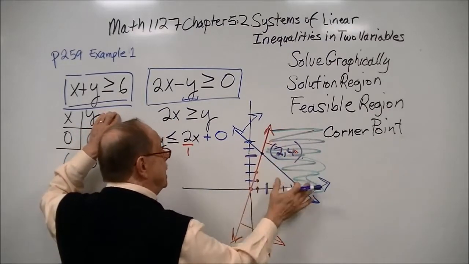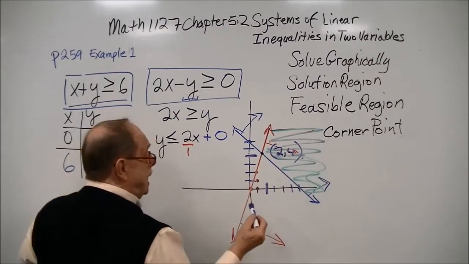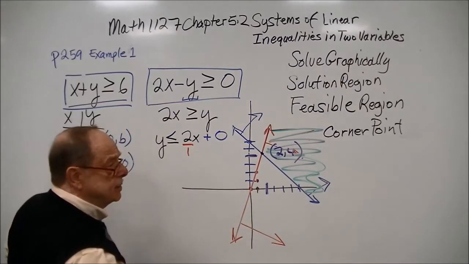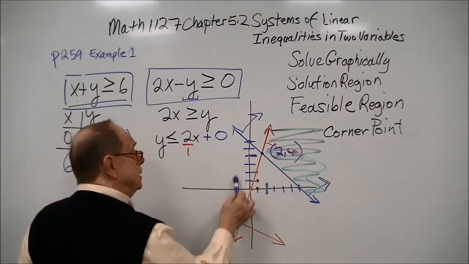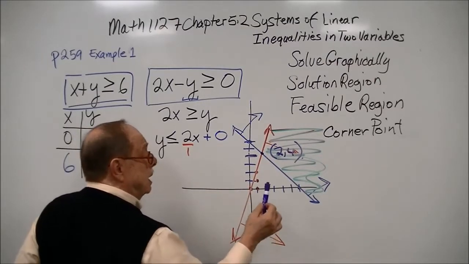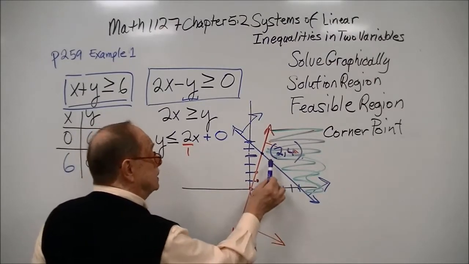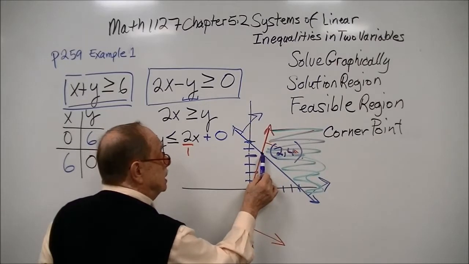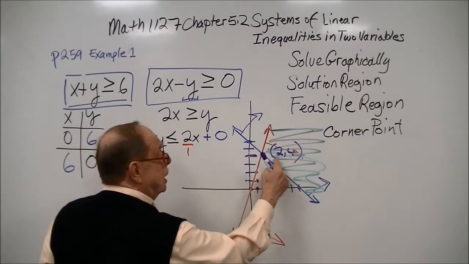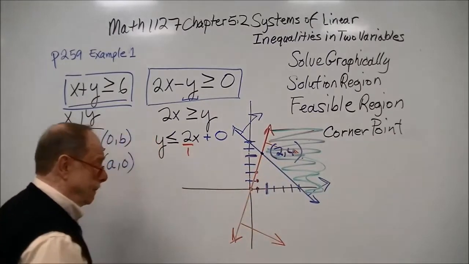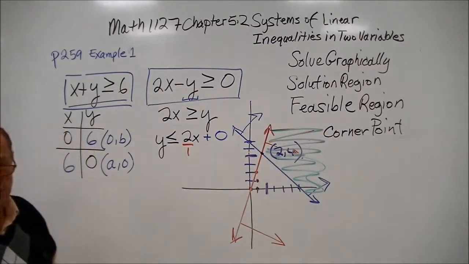That's the ordered pairs that are out here. And again, I'm sketching the graph, so these points aren't exactly equal, and neither are these. But according to our textbook, this point of intersection is at 2, 4, right about there. I'm a little bit off.